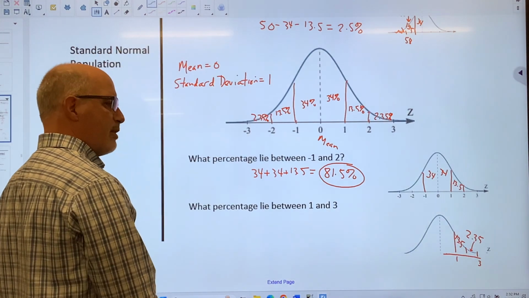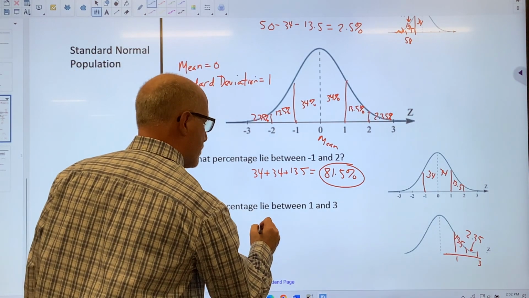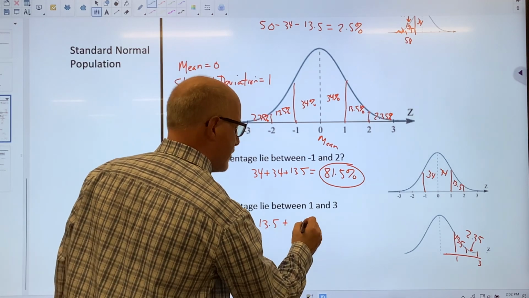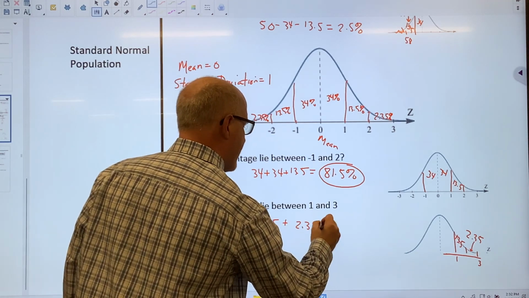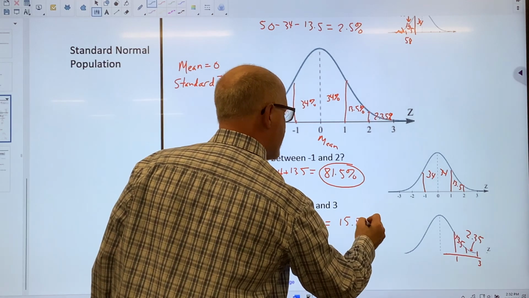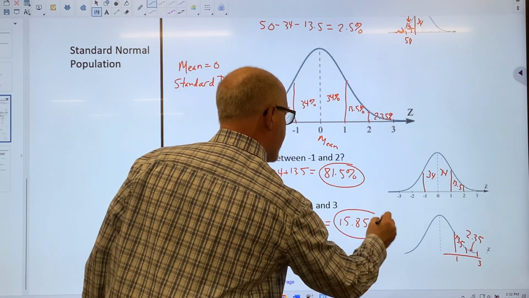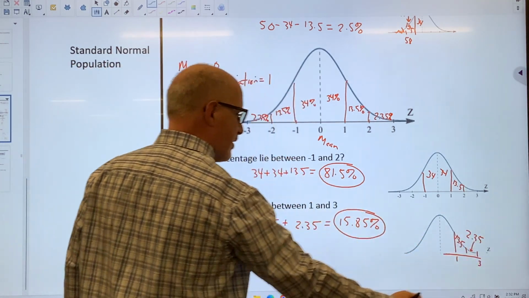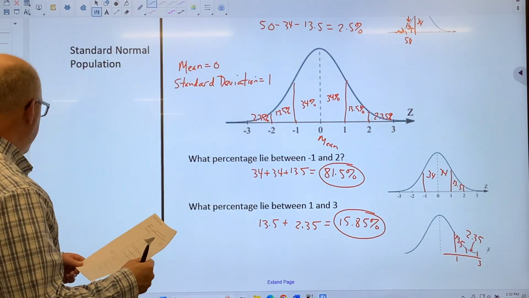So if we want to find between 1 and 3, we're just going to add those together. 13.5 plus 2.35, and so what you get is 15.85%. How much lies between 1 standard deviation above the mean and 3 standard deviations above the mean.